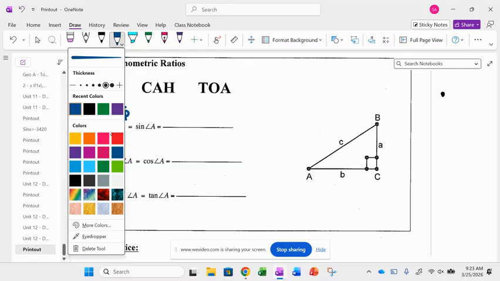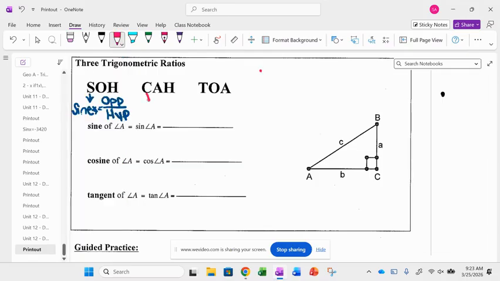And then the cosine of an angle will pair the side adjacent to that angle over the hypotenuse.